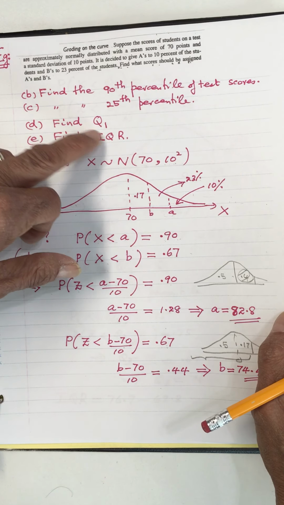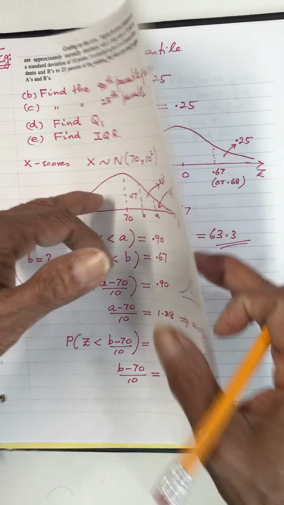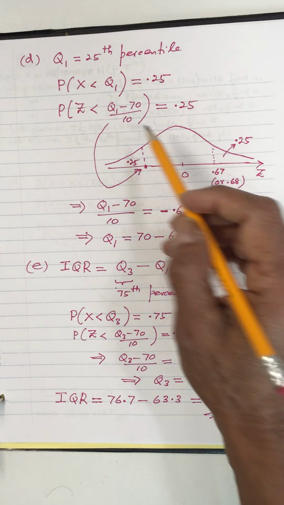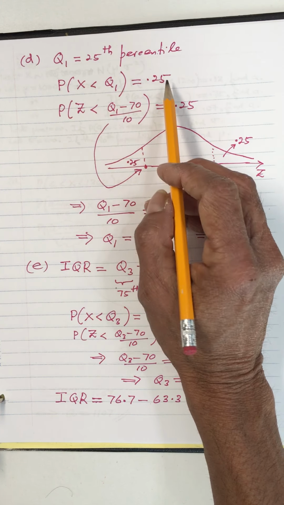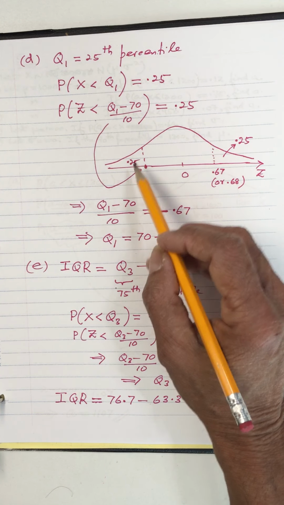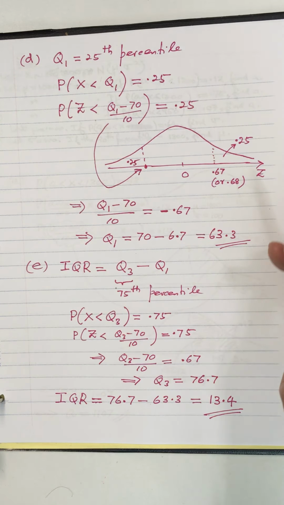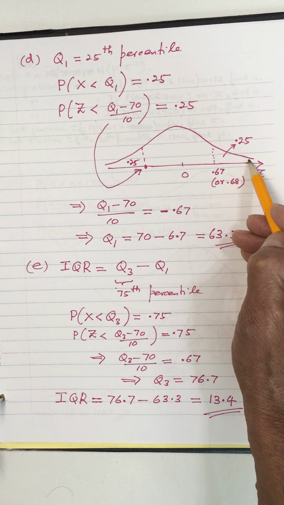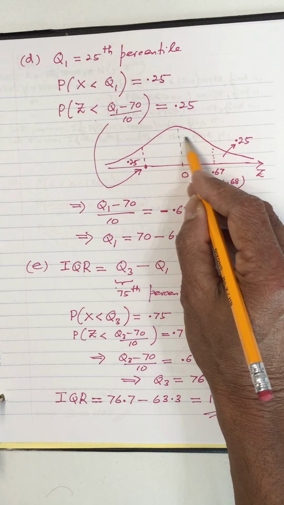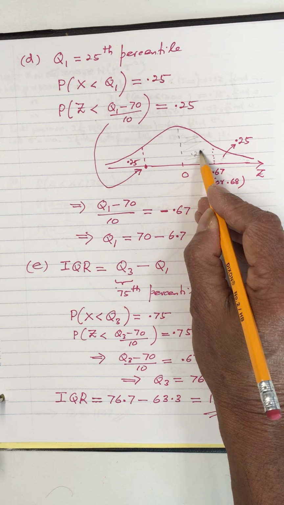Okay. So find Q1. Q1 is the 25th percentile, or QL. So it's pretty much the same now. X less than Q1 is 0.25. Convert into Z. It's on the other side, so you look at your Z table on this side. Since this is 0.25, this got to be 0.25 as well.